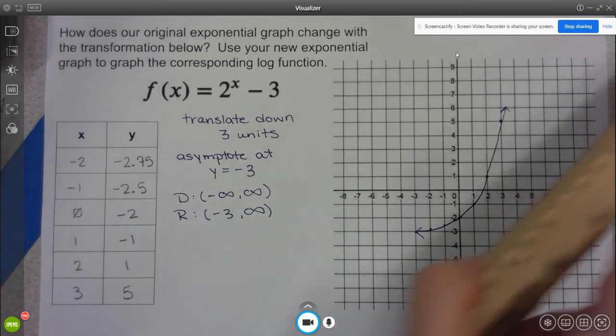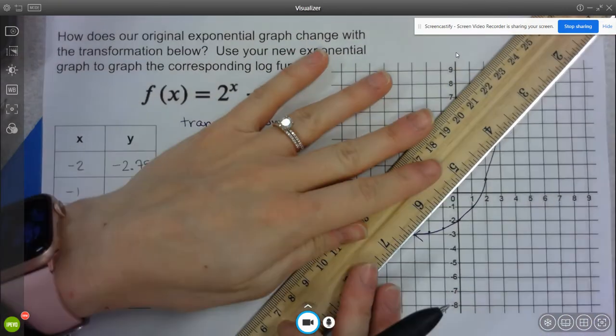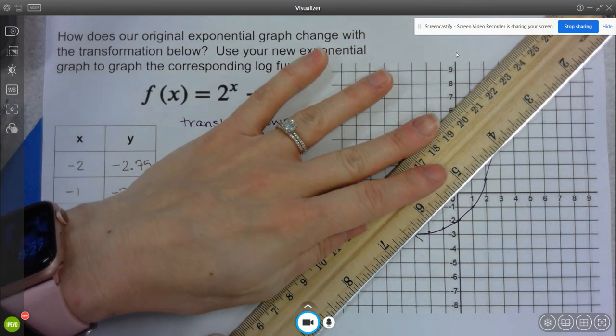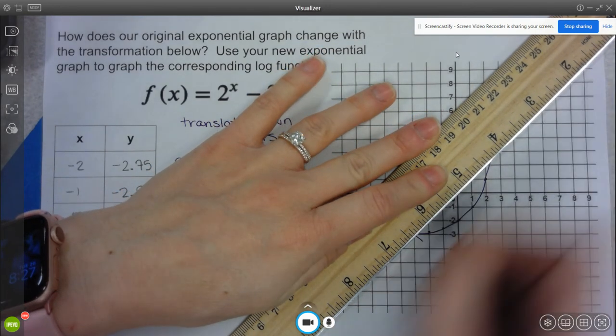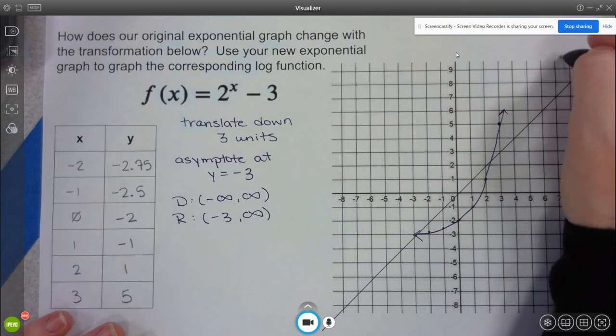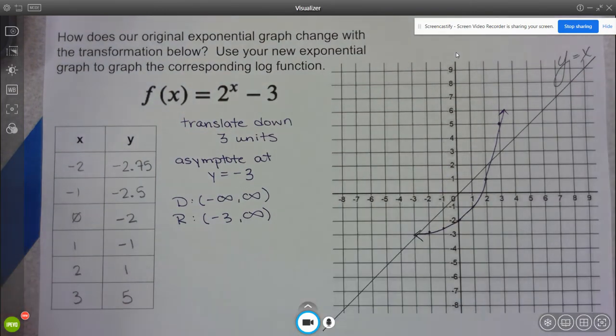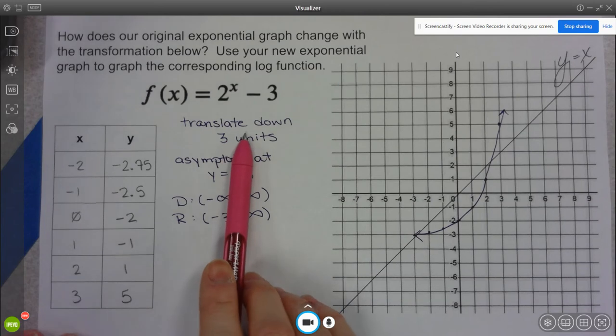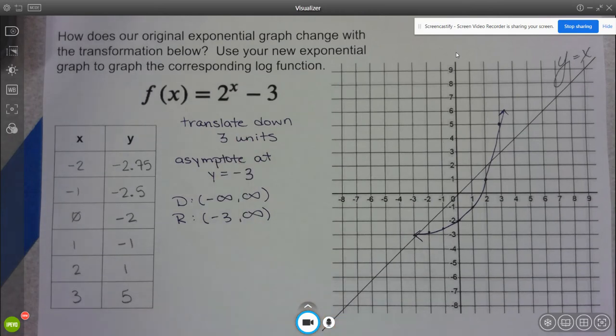So let's see how that affects our log function. Now before, when my exponential function went left and right, my log function went up or down. Now my exponential function went down, so it would seem to reason that we're going to go left or right.